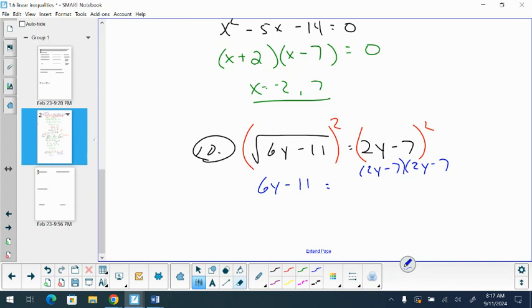we have to FOIL out 2y minus 7 times 2y minus 7. So we have our 4y squared minus 14y minus 14y plus 49. Need to FOIL this out. And then you can solve the equation.